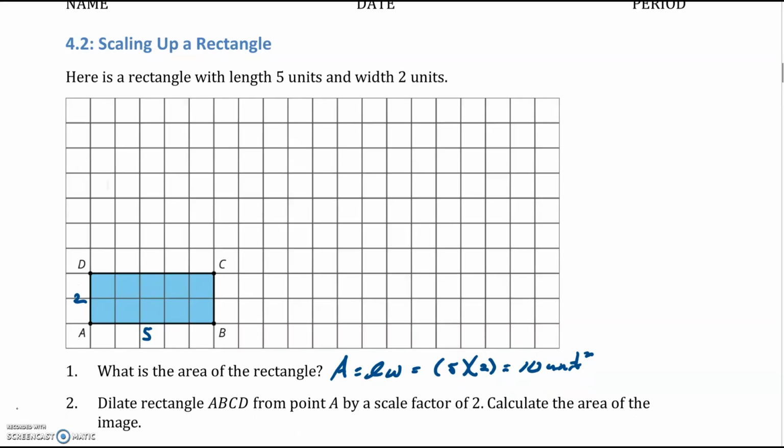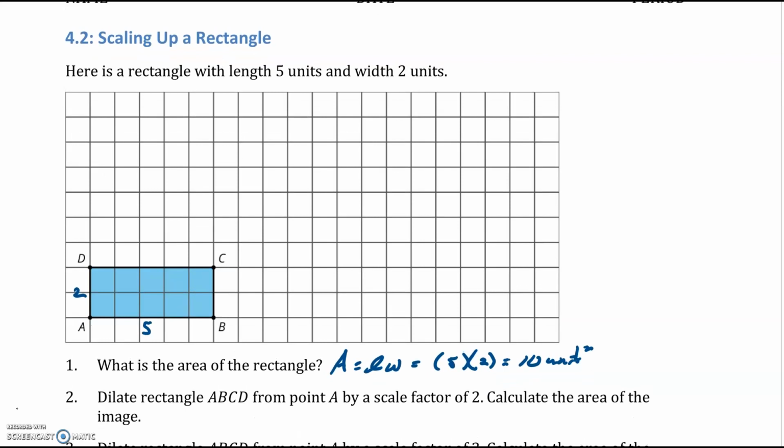Moving on now, number 2 says, dilate the rectangle ABCD from point A by a scale factor of 2, and then calculate the area of the image. Okay, so if we dilate with respect to point A, and there it is, with a scale factor of 2, that means that all of these points move twice as far away from A as they already are.